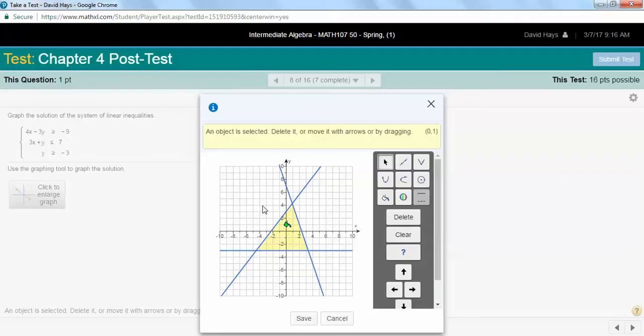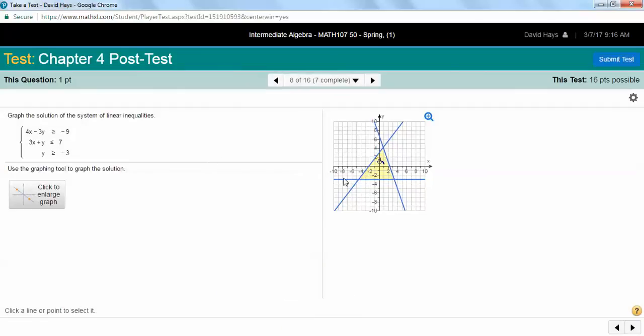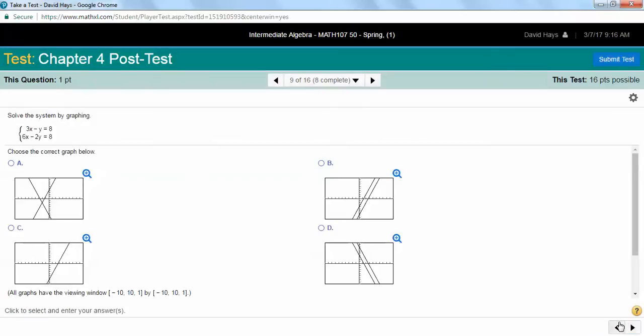Okay, just double checking everything as much as I can. And save that. Assuming I did my lines correct, my points, that would be your answer. I'm not very confident there, am I?